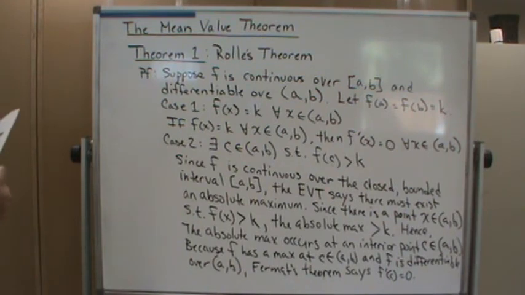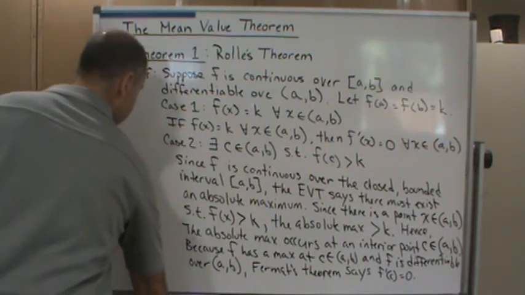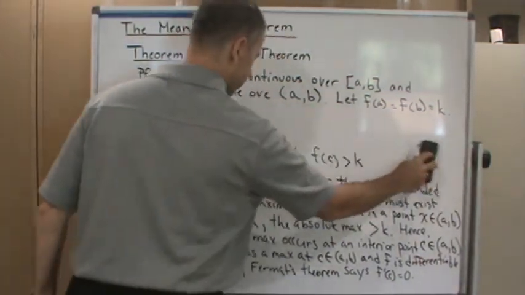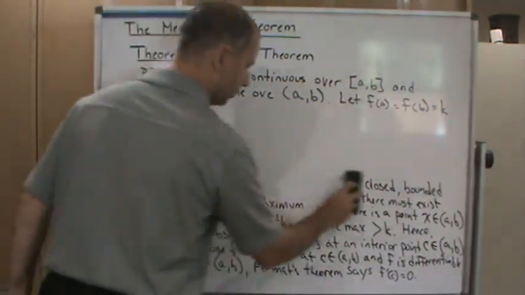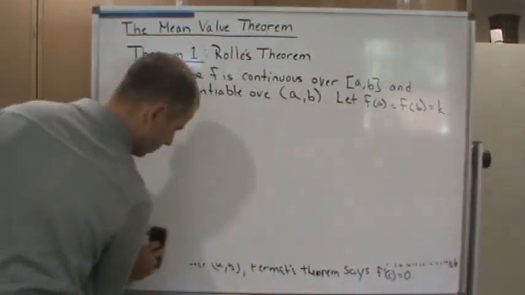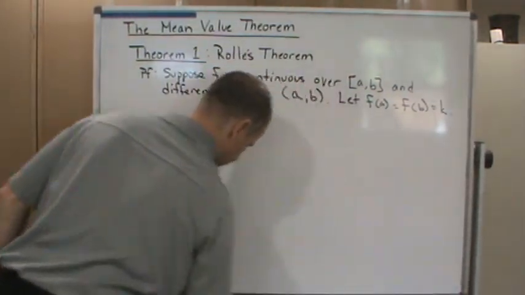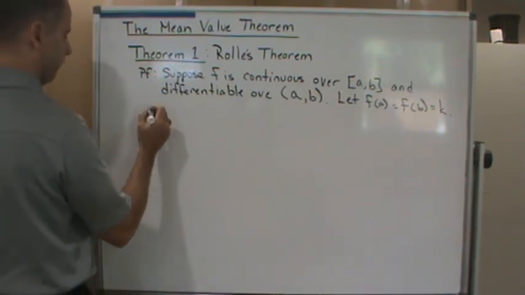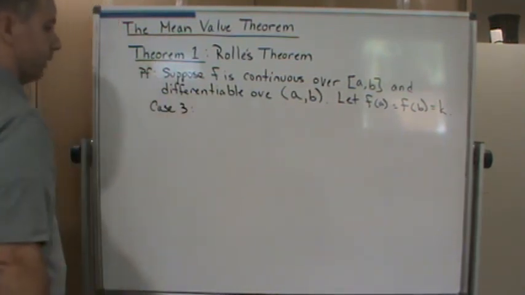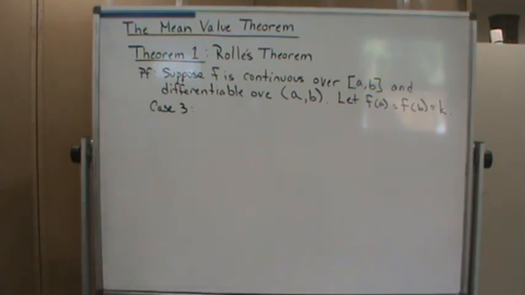Now, what about case 3? Make sure you write all this down. Case 3 is, what if there's a value that's less than k?